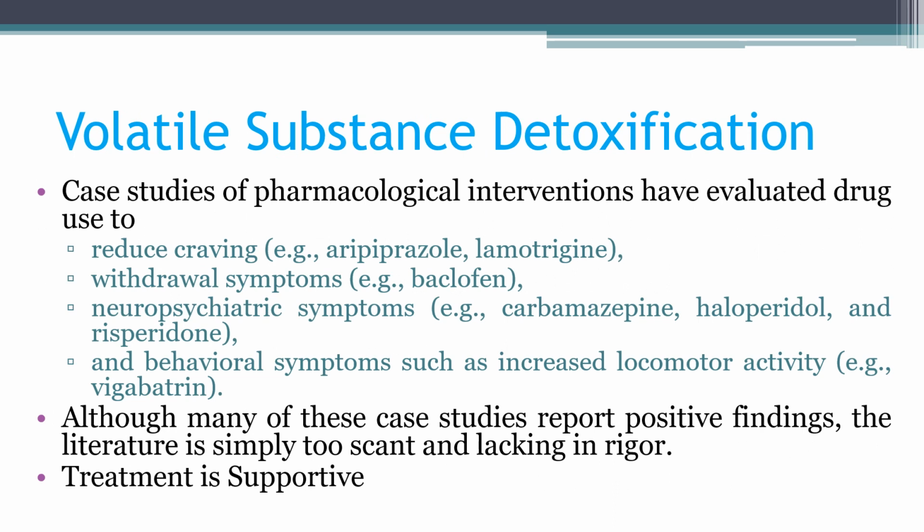For volatile substances, case studies of pharmacological intervention have evaluated drugs like aripiprazole and lamotrigine to reduce craving, baclofen for withdrawal symptoms, and for neuropsychiatric symptoms like anxiety, panic, and psychosis, carbamazepine, haloperidol, and risperidone have been tried. For behavioral symptoms such as increased locomotor activity, vigabatrin is tried.